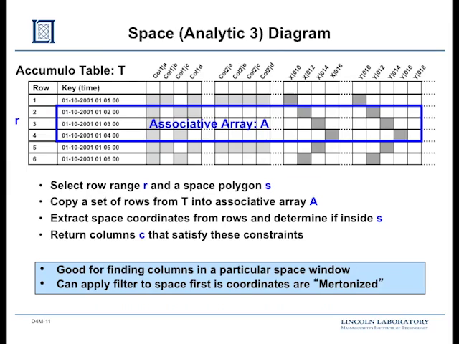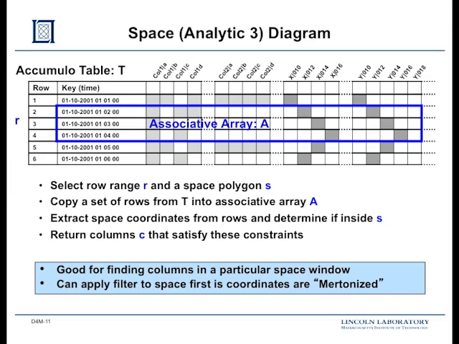We're going to do a different type of analytic here. I've changed some of my columns here. I have some, let's call these coordinates. I'm going to have now with my data set an X and a Y coordinate that I'm storing in different rows and columns. So I want to do some kind of space windowing. I want to find all data within a particular X and Y coordinate.